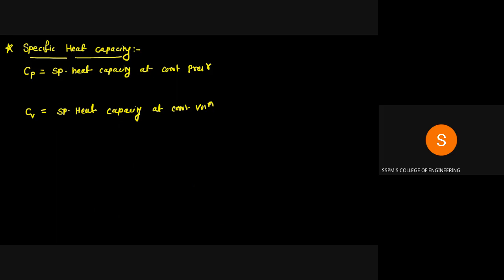So the relation between the specific heat capacity at constant pressure, which is Cp, and Cv is given by the relation which is called Mayer's relation.